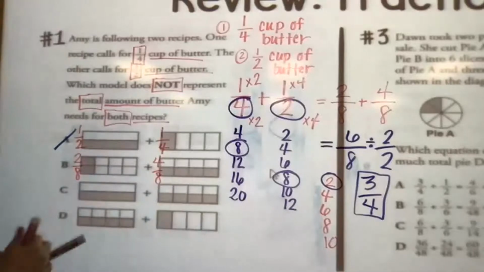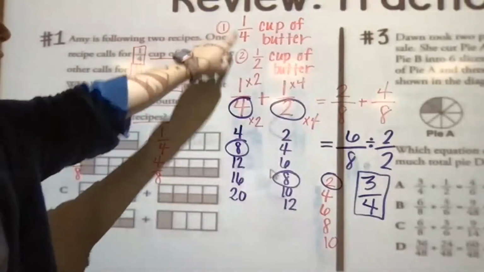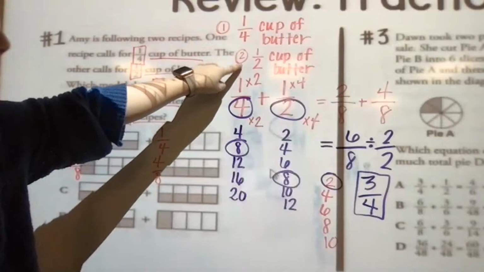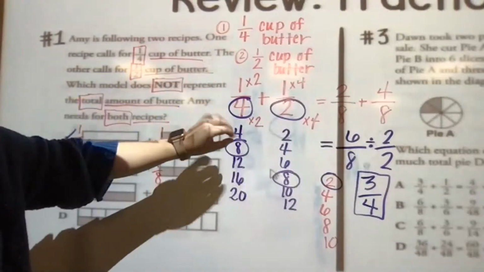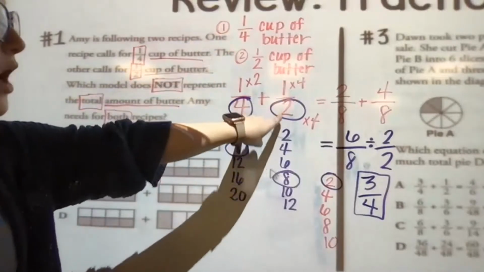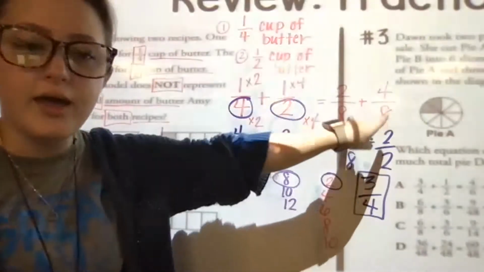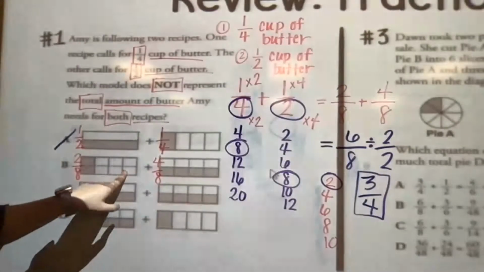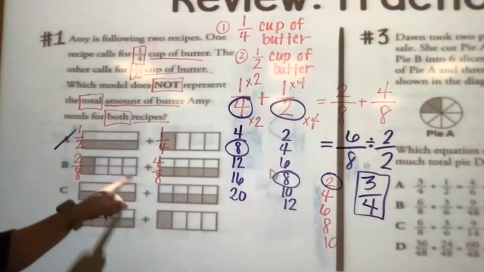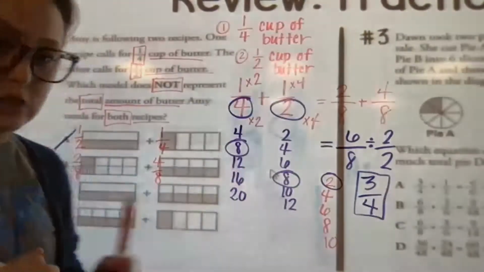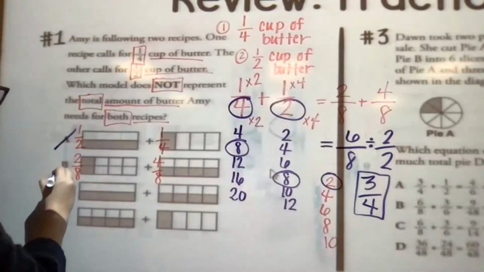It doesn't look like the exact measurements for recipes 1 and 2, but when we found a common denominator for these 2 fractions, this is what we got, and this is what this is representing. So both recipes are in fact represented in answer choice B, so that is also not our answer.